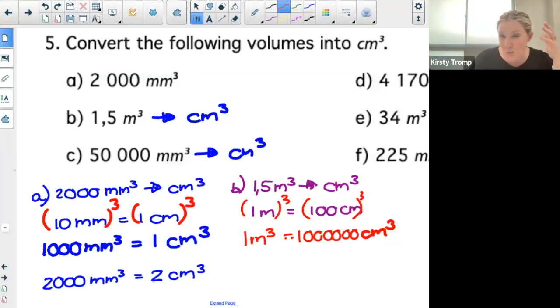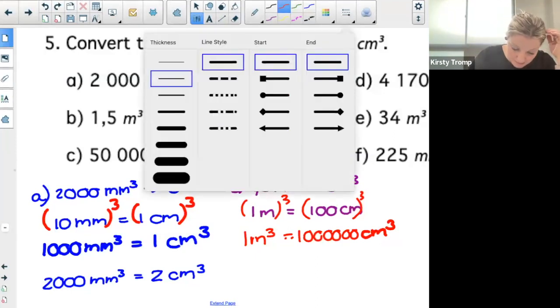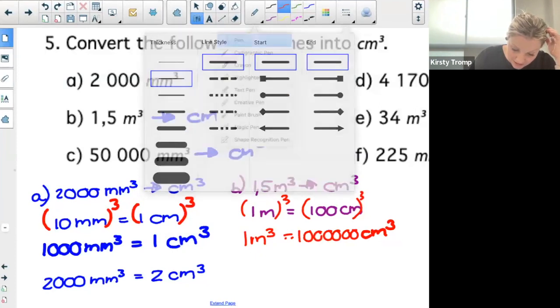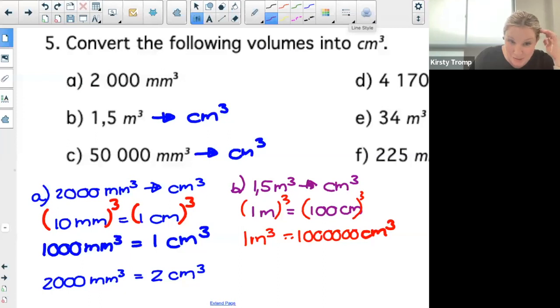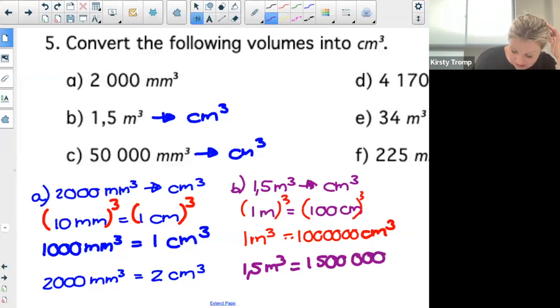So in other words, what do I need to do? I need to multiply by 1 million. Apologies, multiply by 1 million. And so 1,5 meters cubed gives me 1,500,000 centimeters cubed.